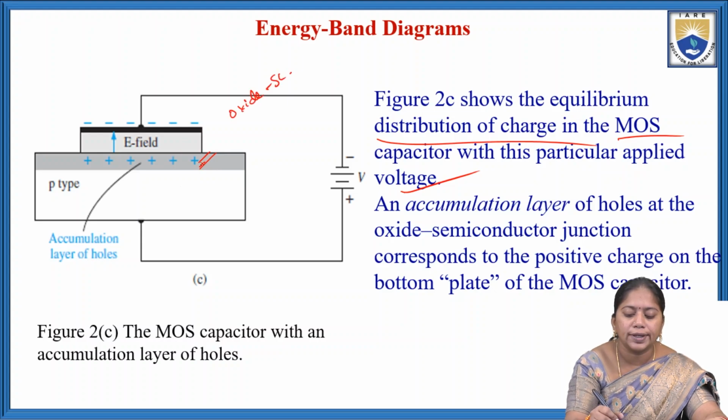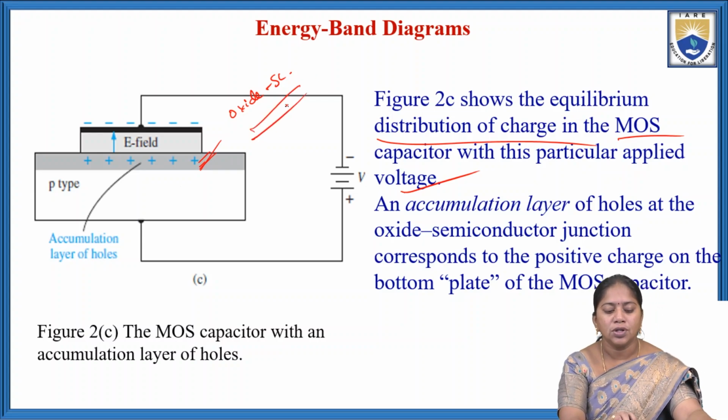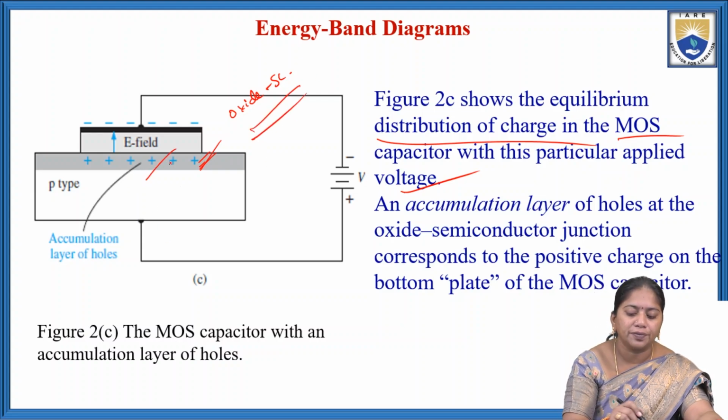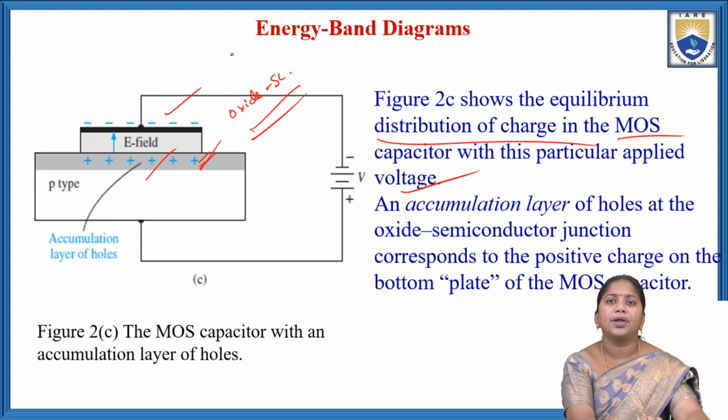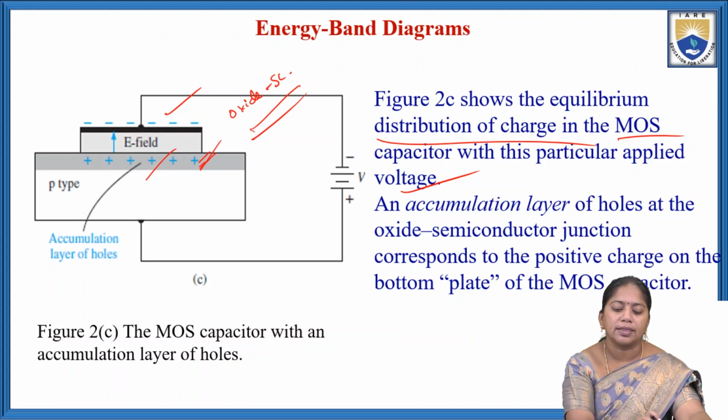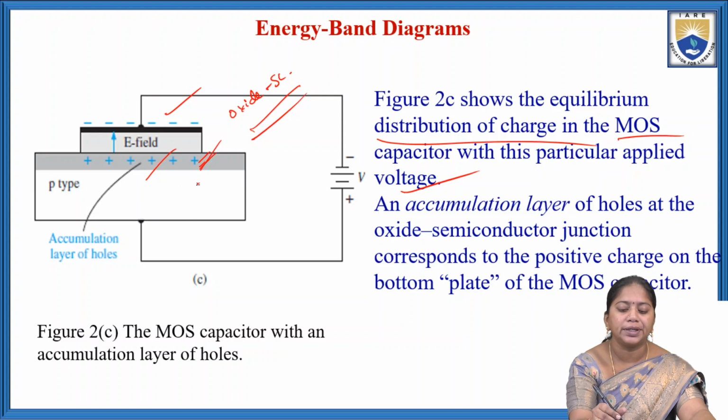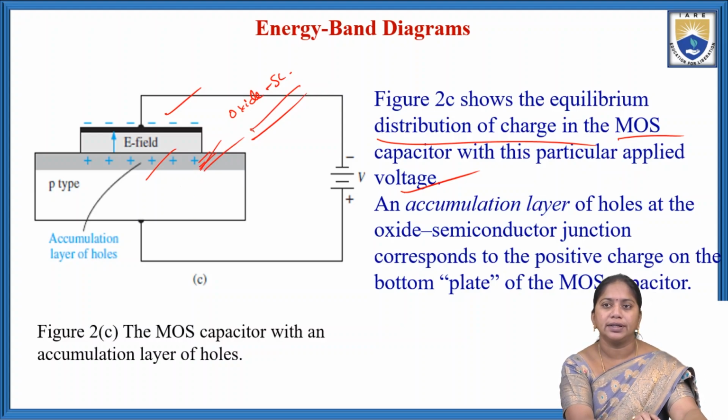The holes accumulate at the interface. This is the accumulation layer of holes. Negative charges are already accumulated on the top metal, and positive holes are accumulated at the oxide semiconductor interface.